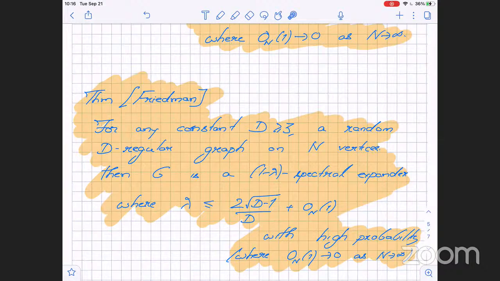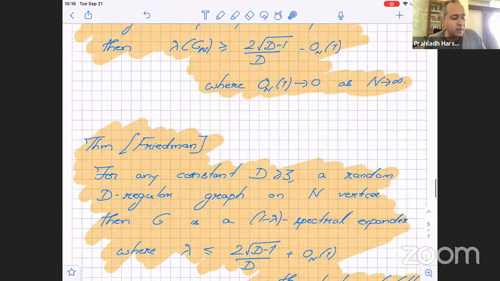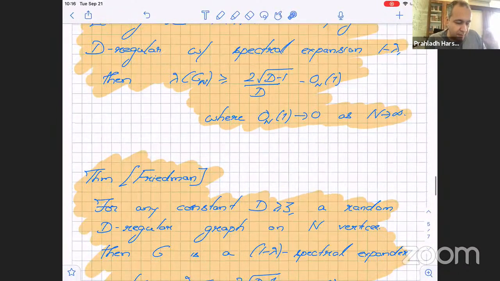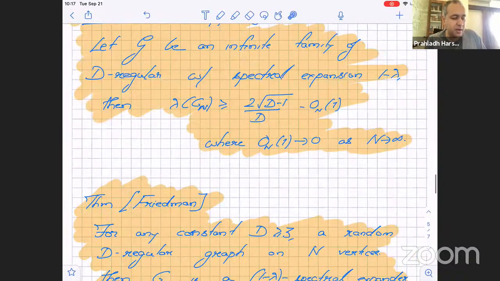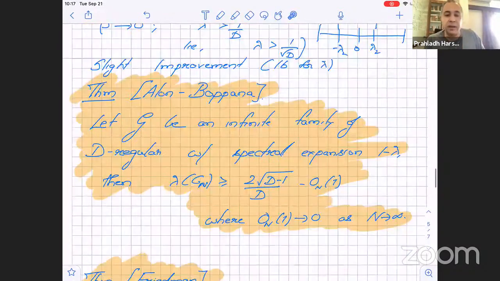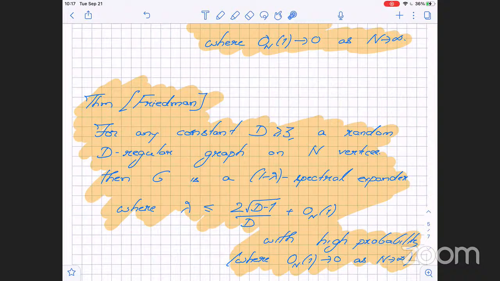So the first bound says that any infinite family will eventually have lambda larger than this. The next bound says that even a random infinite family comes very close to satisfying this bound. So these two bounds are more or less tight. You cannot improve. Almost tight.